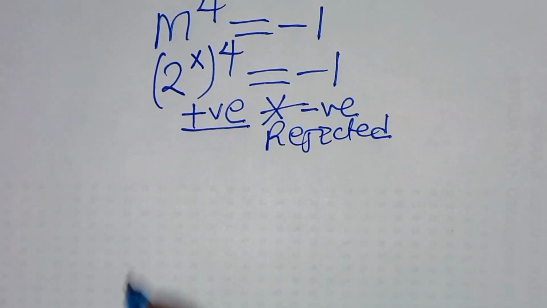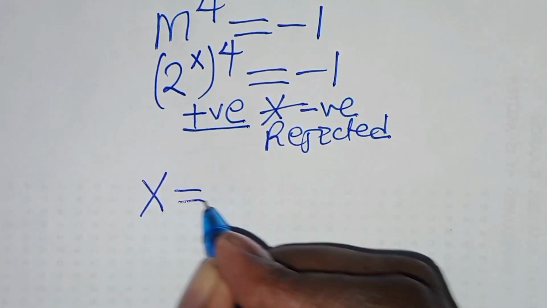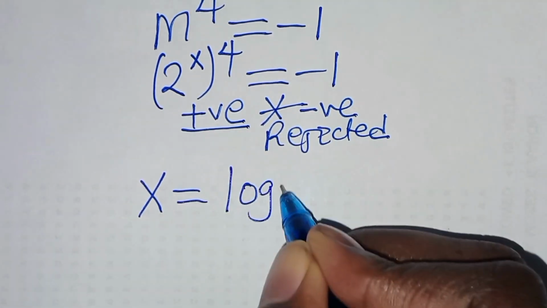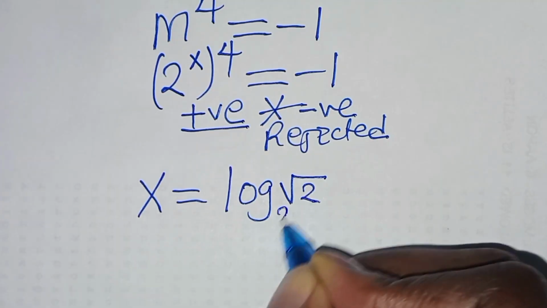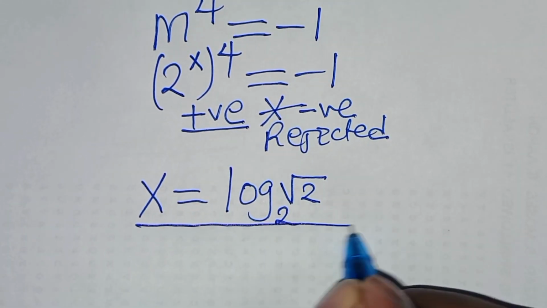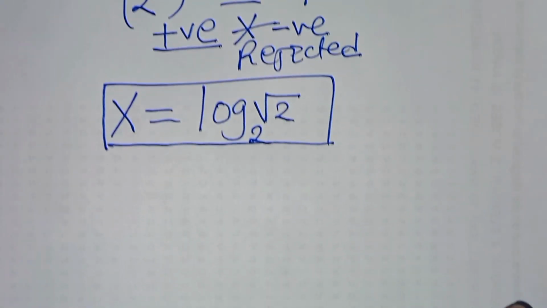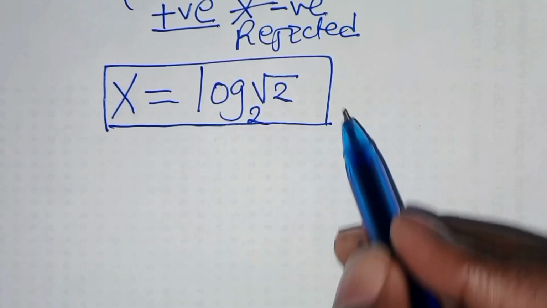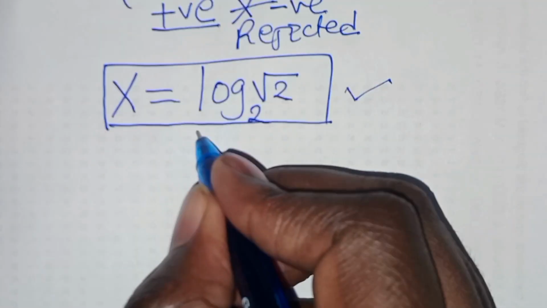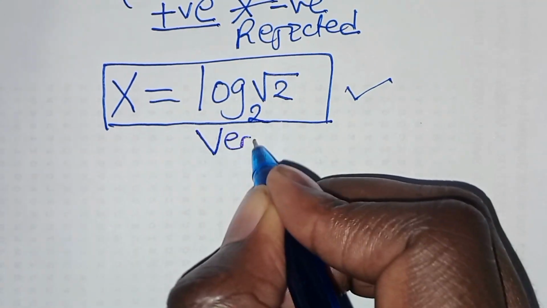So now we have that the value of x is equal to log square root of 2 to base 2. Now this is the value of x. So let's verify that this value of x satisfies the equation.